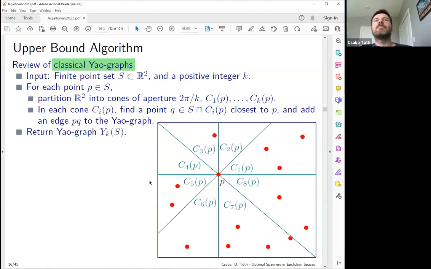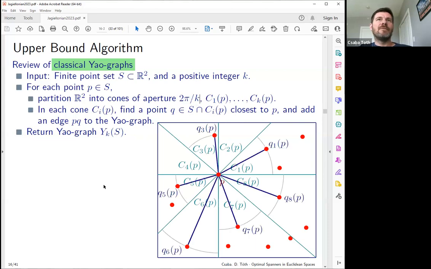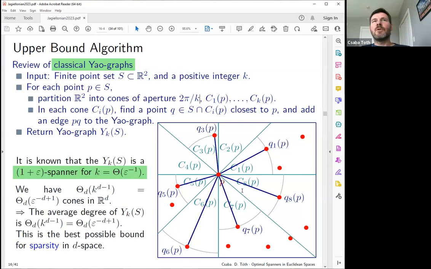Similarly to the theta graph, we partition the plane into cones from every point P. There are k cones, and their angle is 2 pi over k. This time we just find the closest point to P in every cone, the Euclidean closest point. So it's conceptually easier, but computationally actually harder. Then connect P to all of these closest points, and do it for every P.